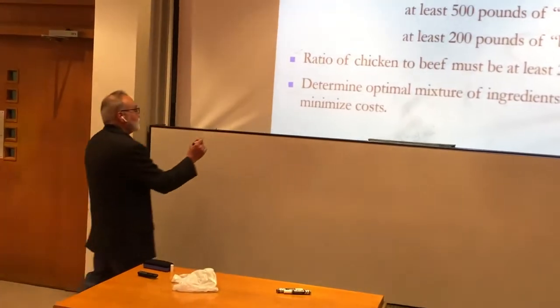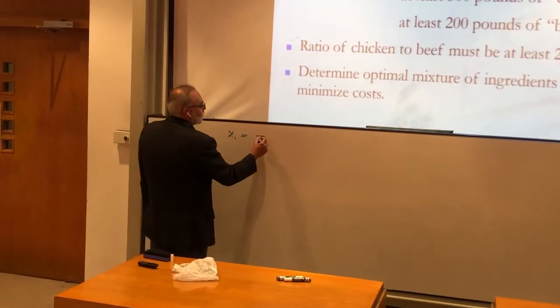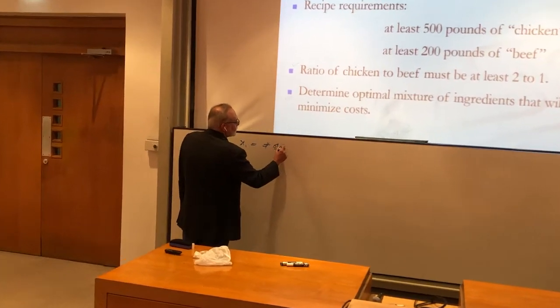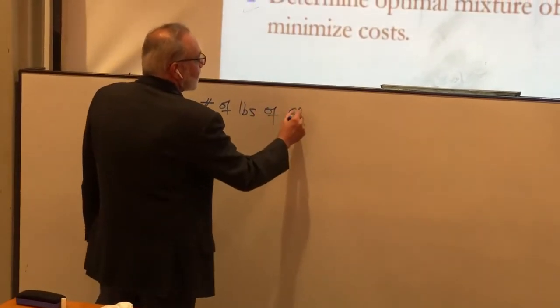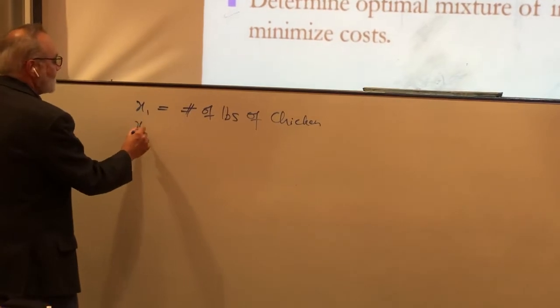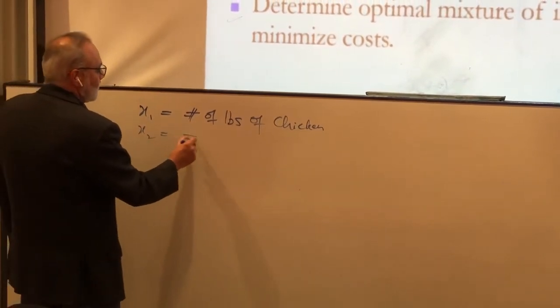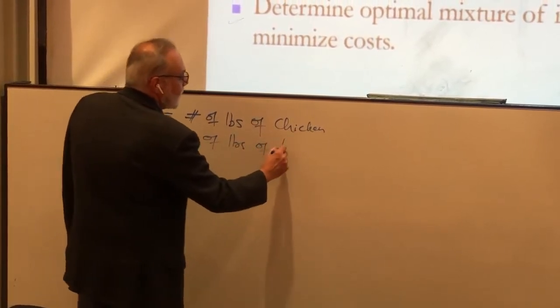Alright, so define the variable space. X1 is equal to number of pounds of chicken, and X2 is equal to number of pounds of beef.